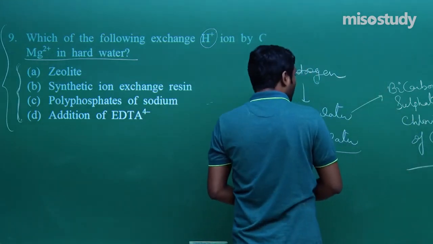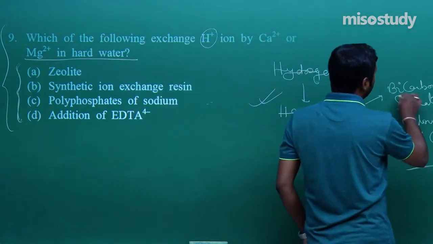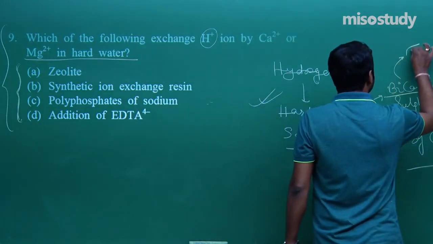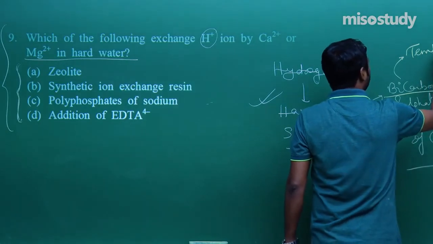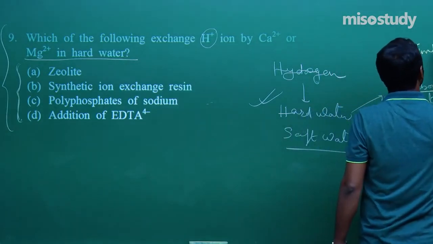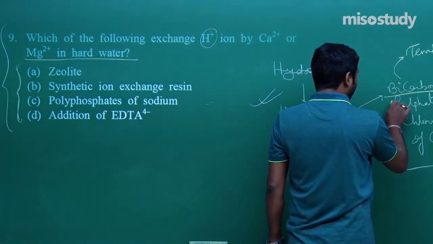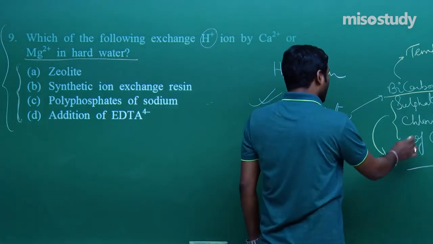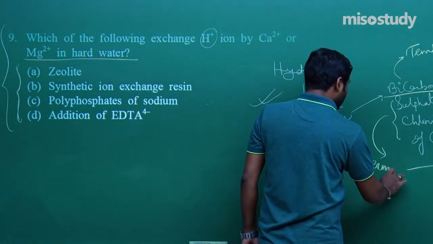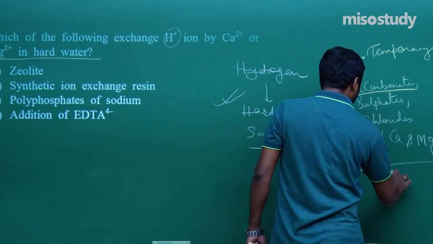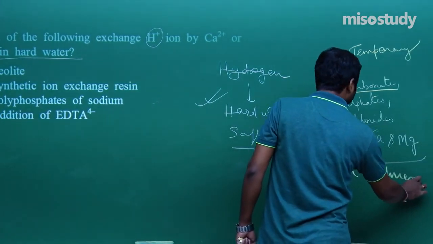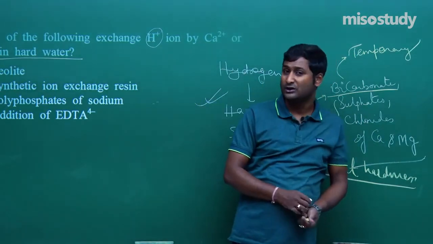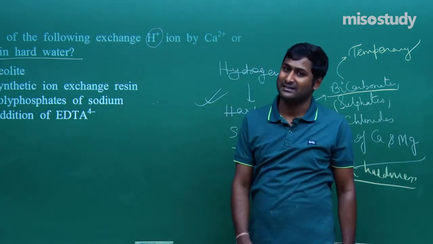And how to remove it? There are many methods. If there is a presence of bicarbonate, then we say this is temporary hardness. Just a revision. If there is a presence of sulfate and chloride of calcium and magnesium, we say this is permanent hardness. Clear to you? How to remove the permanent hardness? One of the most important methods used these days is ion exchange resins.